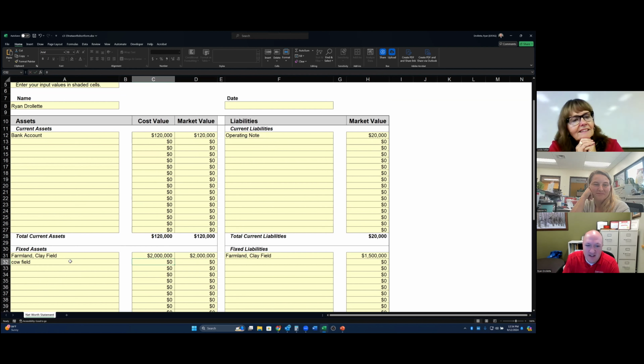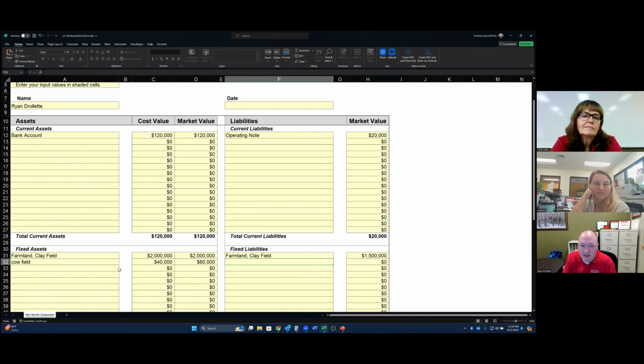My cost value, what I paid for it, let's say I only paid $40,000 for that one. But my market value today, if I turned around and sold it today, maybe it's worth 60,000, right? So there are opportunities to put into this balance sheet where what I actually paid and what the current market value is are two different things.